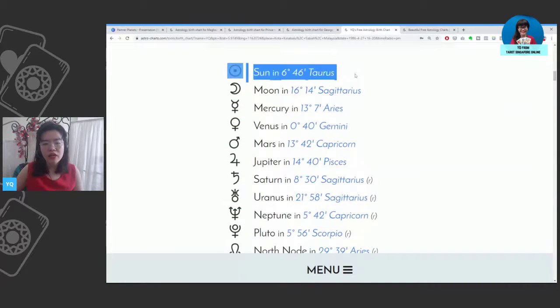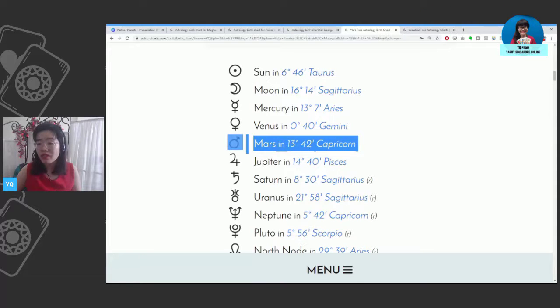For example, a husband who is very Taurusy means someone who's a bit lazy, who doesn't like to change, and likes material comfort and stuff like that. While a boyfriend who's a Capricorn is more like a go-getter: oh, I have goals, I chase after them, and they are very status conscious.